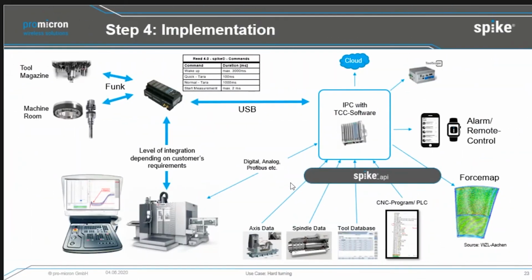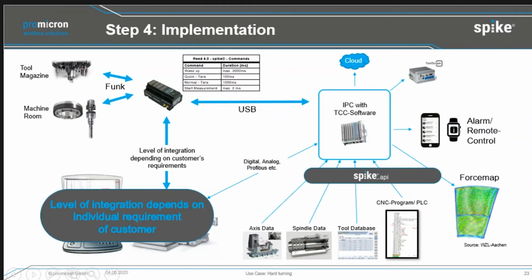Now, since we came up with all these, the next step will be the implementation. I don't want to go too much into detail with you on this slide because there is so much information on this slide, but it just should give you a short overview that there is everything possible, but again, the level of integration depends on the individual requirement of the customer.